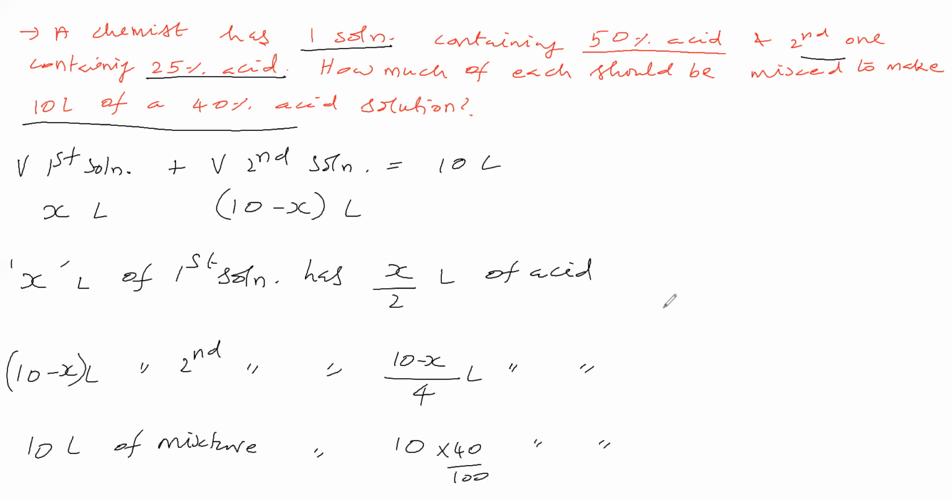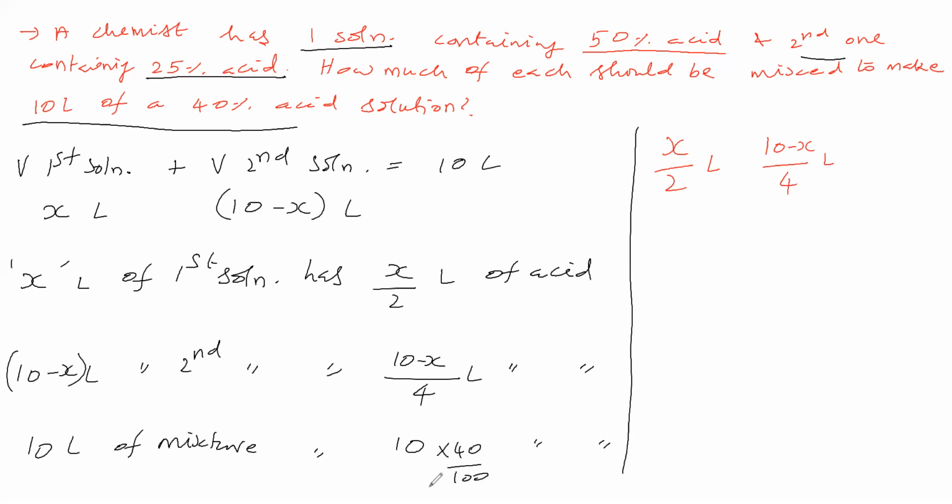Now, the first solution has x by 2 liters of acid. The second solution we have taken has 10 minus x by 4 liters of acid.